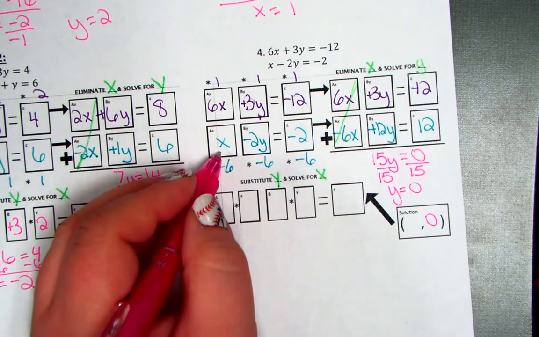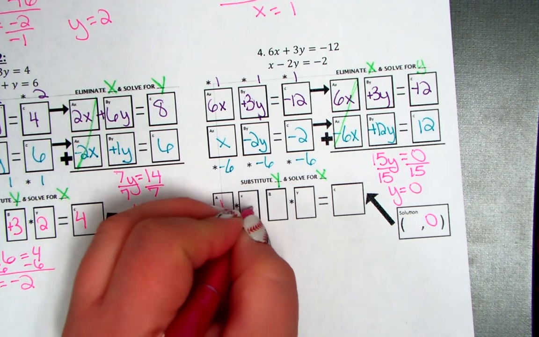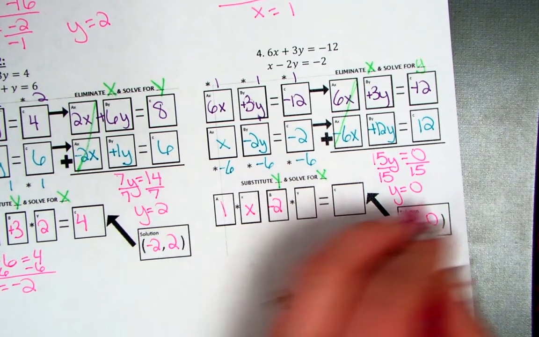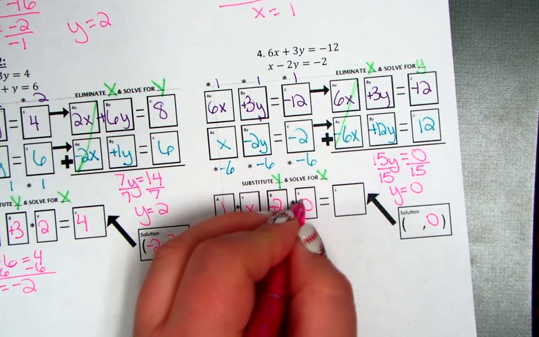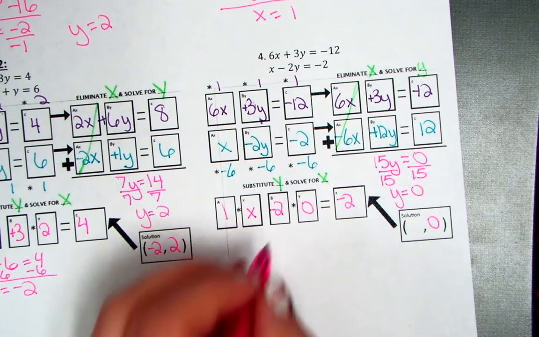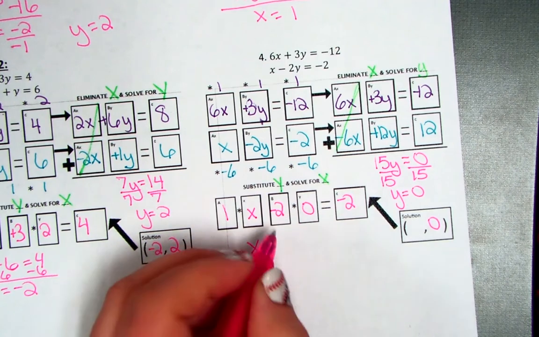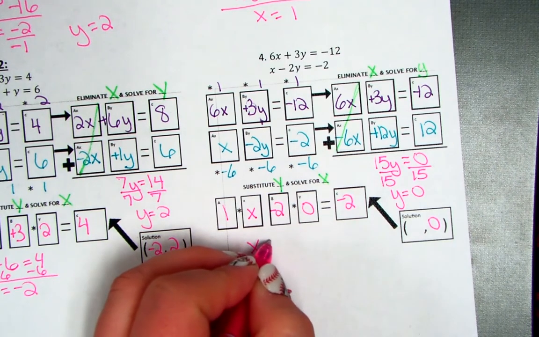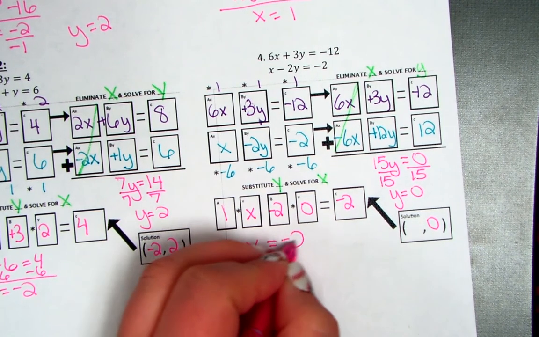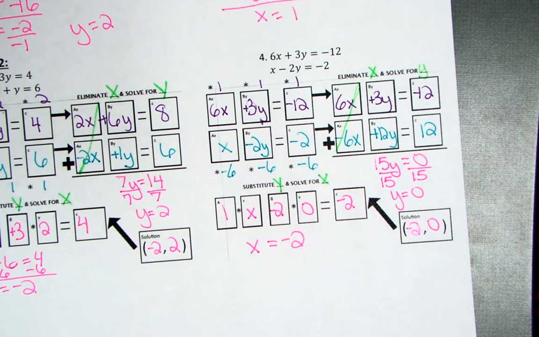I'm going to choose the blue one because it has less coefficients to deal with. 1x minus 2 times y, which is 0, equals negative 2. 1x, negative 2 times 0 is just 0, so I don't need to write it, equals negative 2. So the other part of my point is negative 2.